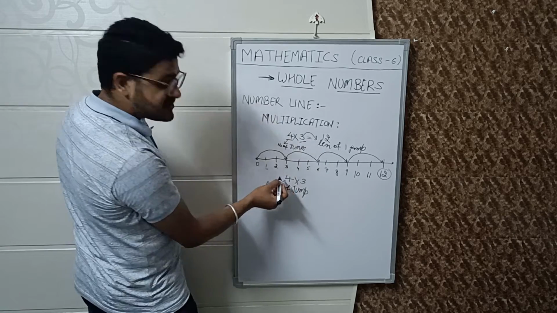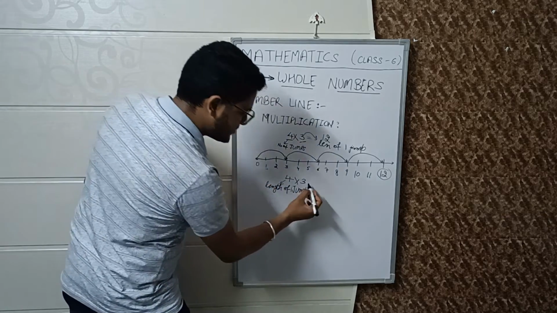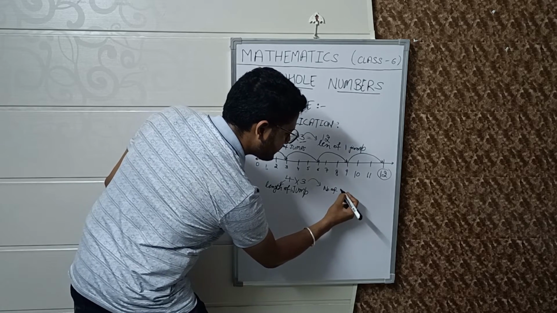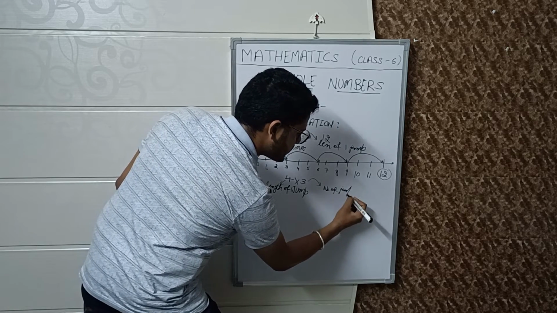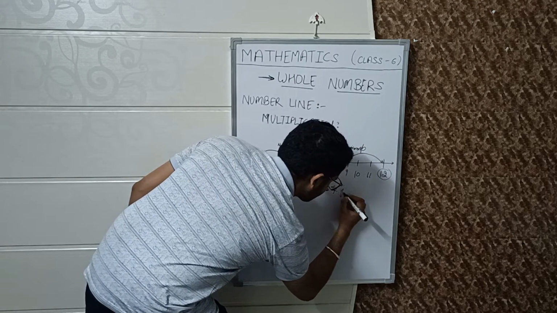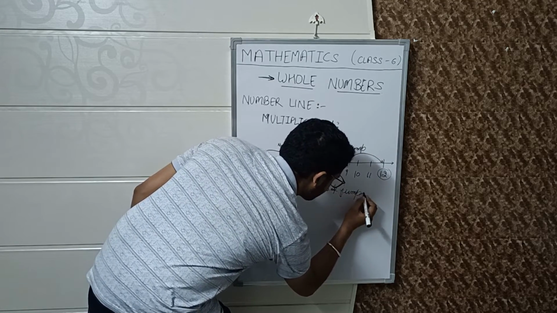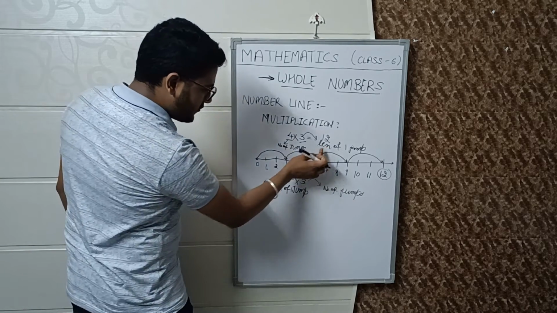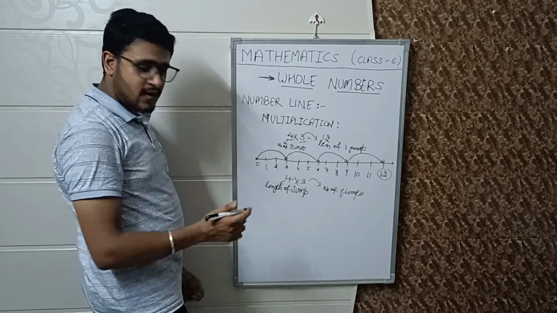But in this case, we are considering the first number as length of one jump and the second number is number of jumps, right? We did nothing, but we interchanged the things, okay.